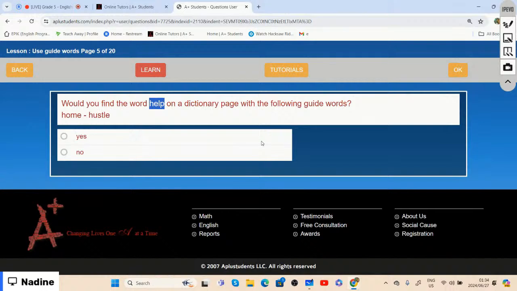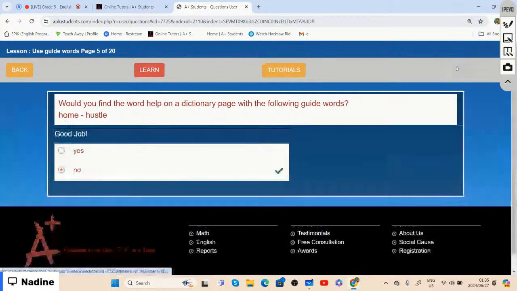Help. All right. So no, we won't, because if we look at help, the second letter of help is E, and E comes way before O. So nope. Well done. No is correct.